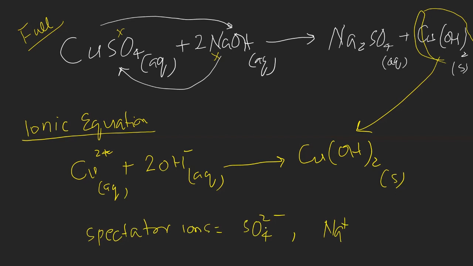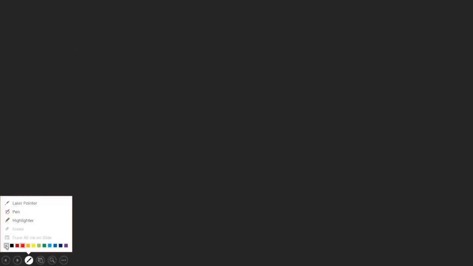We see one more example, then I hope you'll fully understand this precipitation concept. The next example is sodium sulfate. So I'll write sodium sulfate as sulfate is 2 minus and sodium is +1.